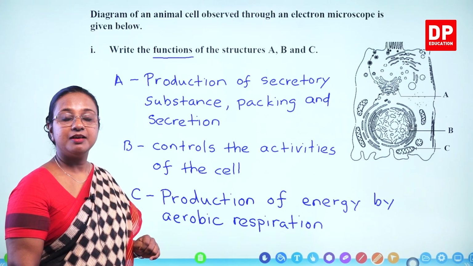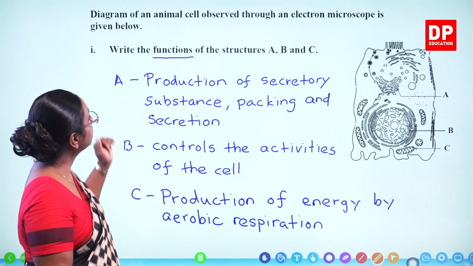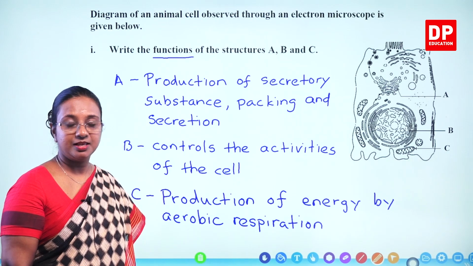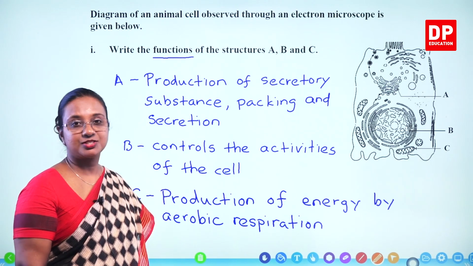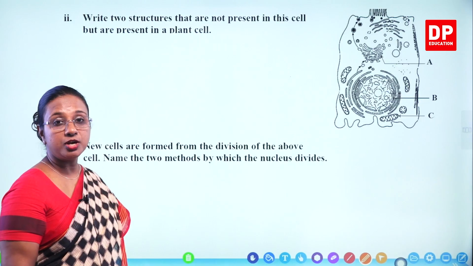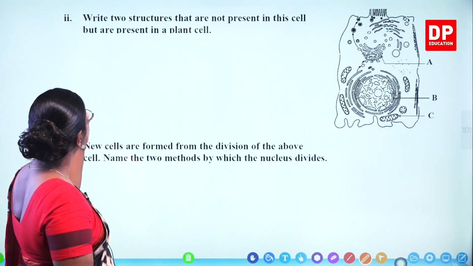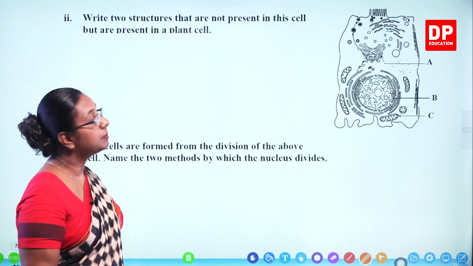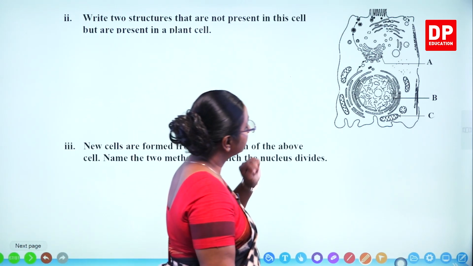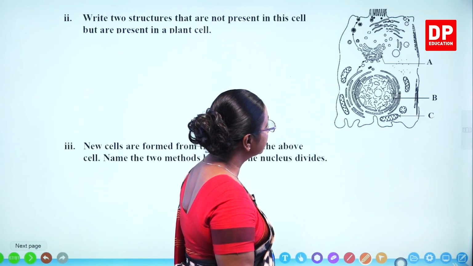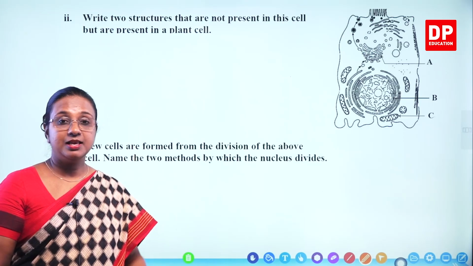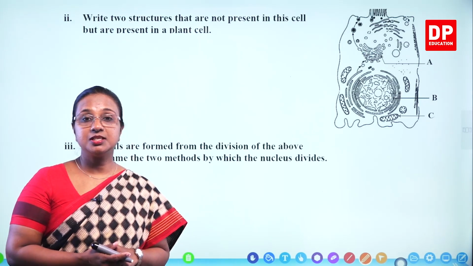So, we have written down the functions of structures A, B and C. Let's move on to the next question. Write 2 structures that are not present in this cell but are present in a plant cell. So, here the 2 structures have to be absent but should be present in a plant cell. There are 3 structures.